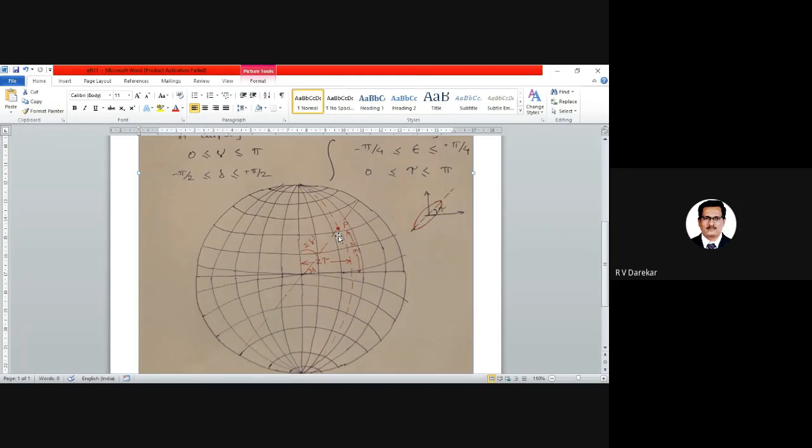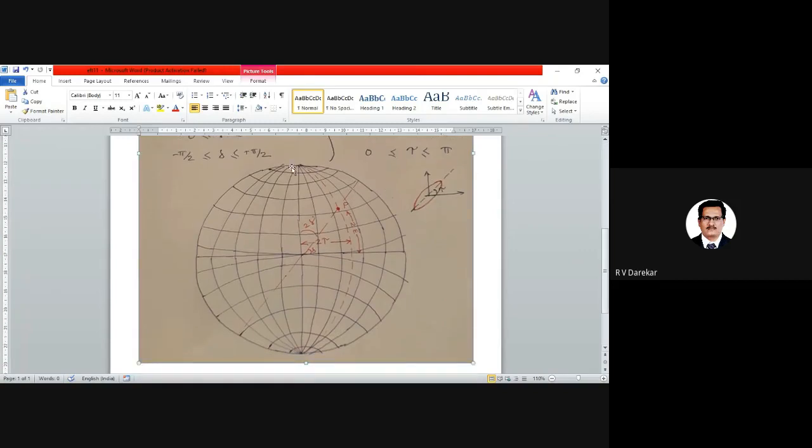If suppose our location is to be explained, that can be explained using parameters. In a very similar way, any type of electromagnetic wave, whether it is required to be located at the top of the sphere, at the right extremity, at the left extremity, at the bottom, or at the center, or at any location from our side or from the opposite side of the sphere, can be located very effectively.